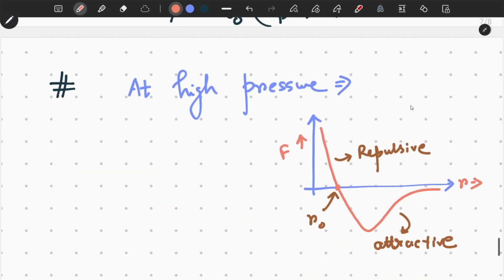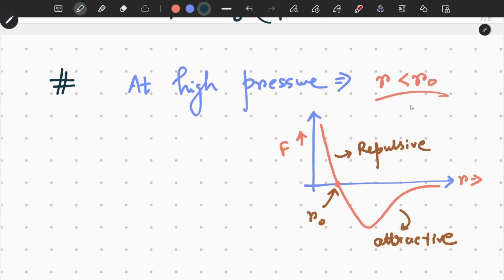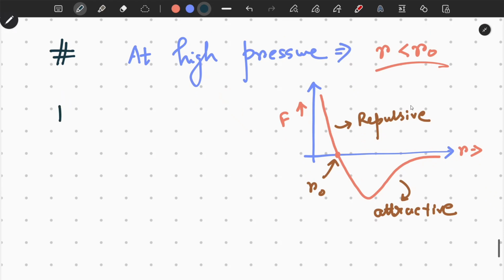Okay, now we are at R that is less than R0. If that is the case, then eventually you can say that the repulsion is greater than the attraction force. Repulsive force is greater than the attractive force.